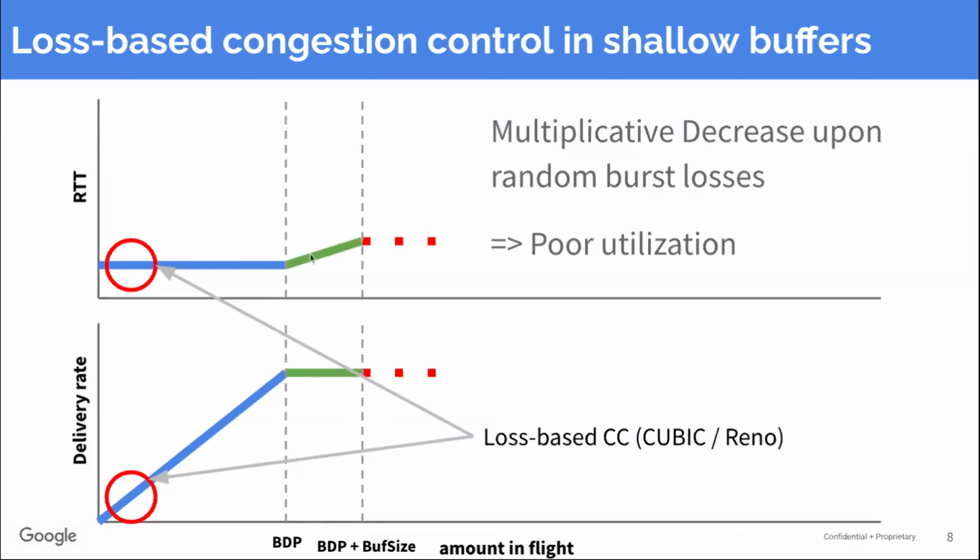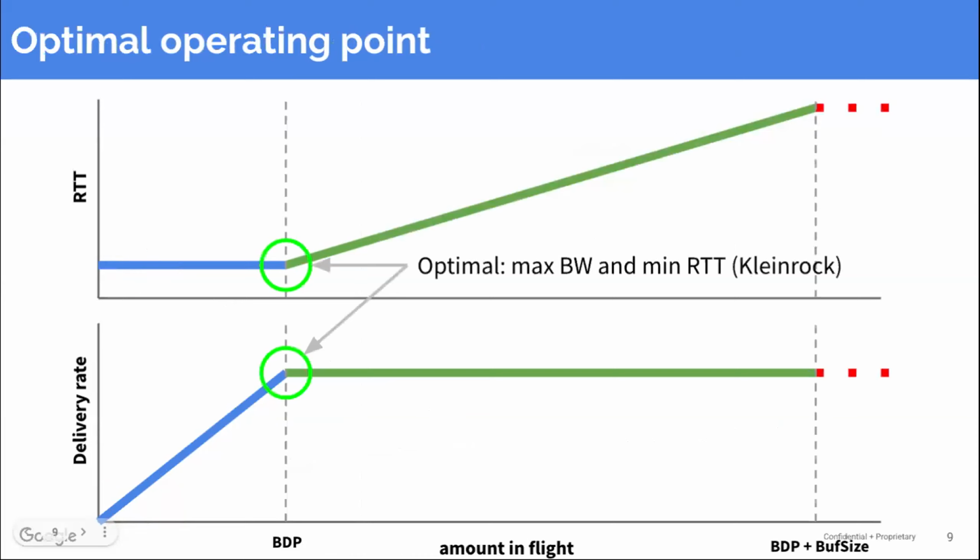That will tend to, over time, drive the amount of data in flight to be a small fraction of the BDP, causing the flow to use a small fraction of the bottleneck link's available bandwidth. And that leads to poor utilization. So if we ask, what do we actually want in a scenario like this?